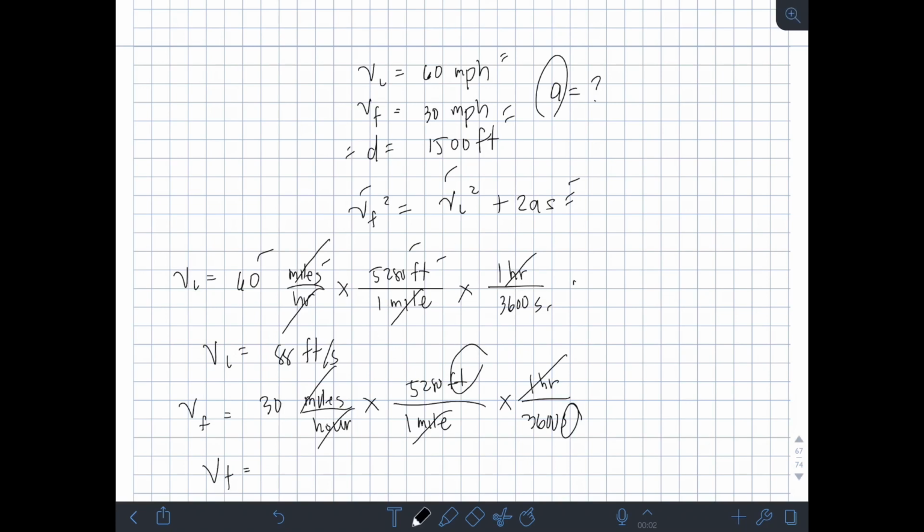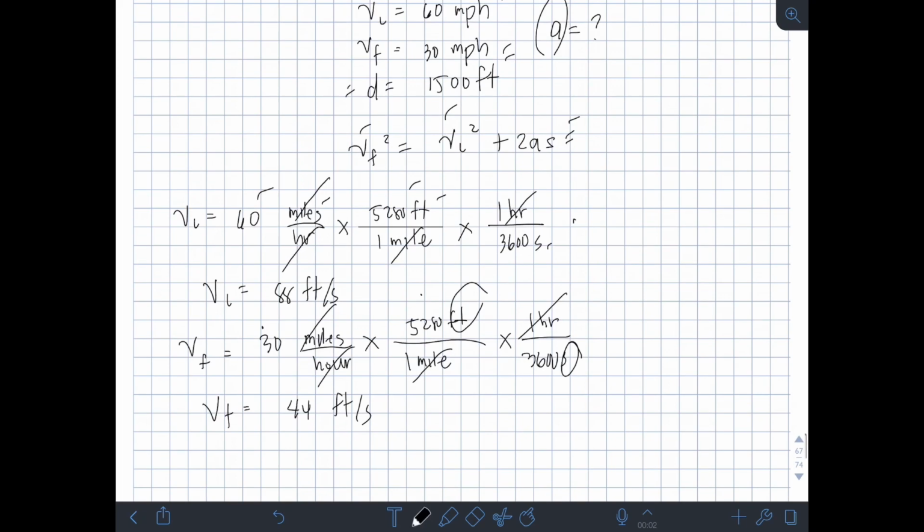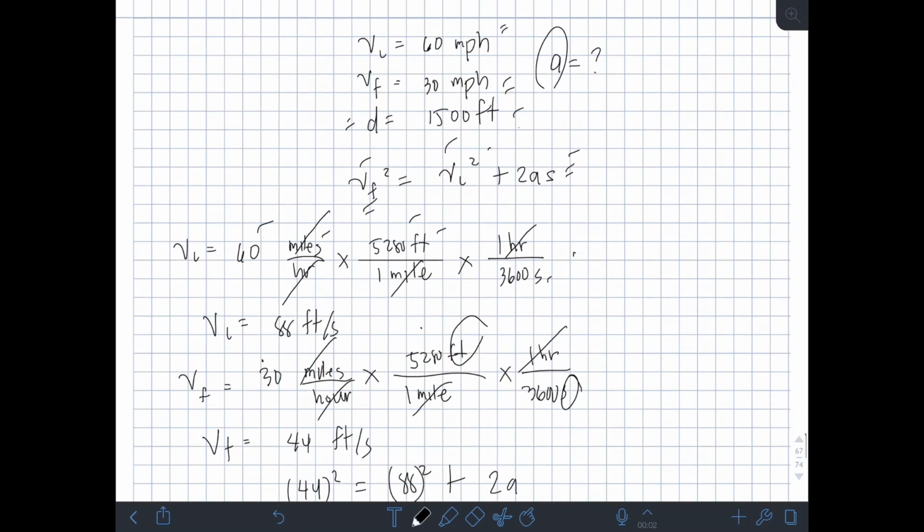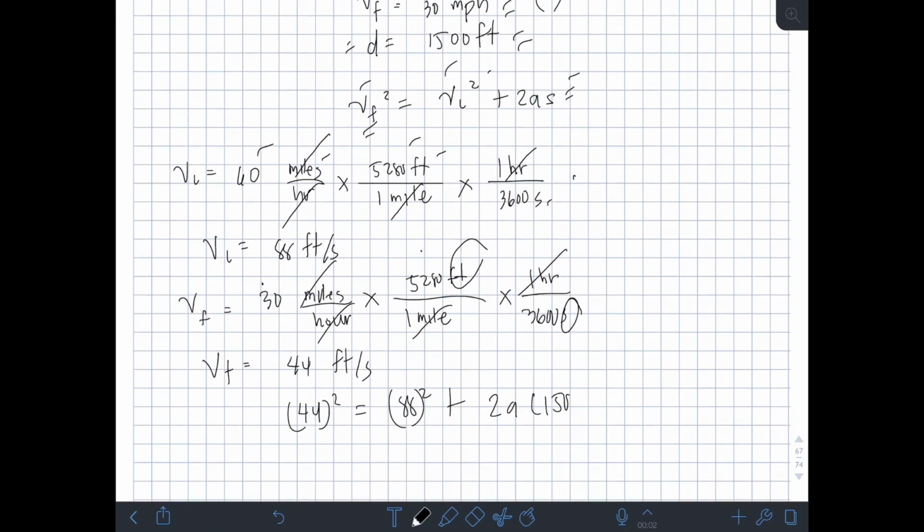So, VF is equal to what? 30 times 5,280 divided by 3,600 is, sakto rin, 44 feet per second. So, pwede nating i-substitute. So, final velocity squared is 44 squared equals initial velocity squared is 88 squared plus 2a, distance natin is 1,500 feet.